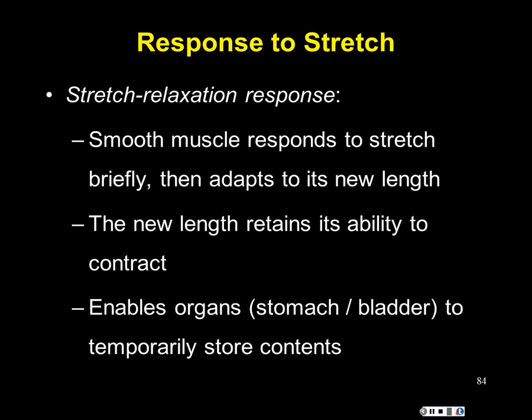Okay. Once we stretch a smooth muscle, it can also maintain that resting length, what's called a stretch relaxation response. Think about a woman who is 42 weeks pregnant with triplets. Okay, so she's like 3 feet out there, right? Okay.